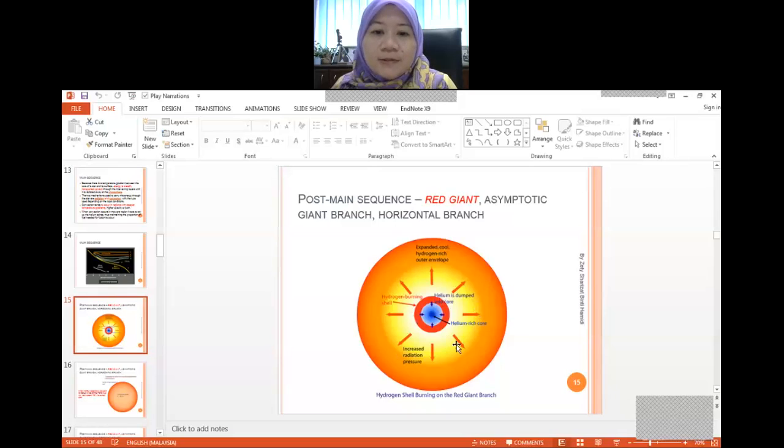We can also have a hydrogen burning shell beside the core. Of course, there is a difference between the envelope and the shell, and we can have an increase of the radiation pressure. So there are a few activities inside the red giant.